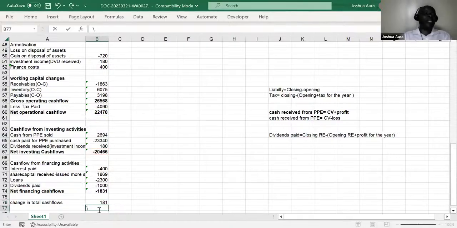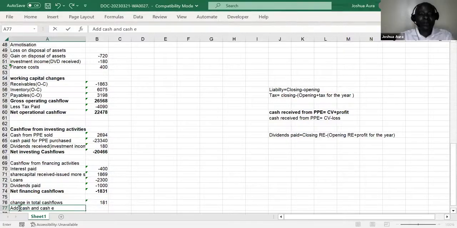So we have 181 there. Now this 181, you'll come and add what? You'll come here and add cash and cash equivalents at the beginning of the year. So add cash and cash equivalents at the beginning.